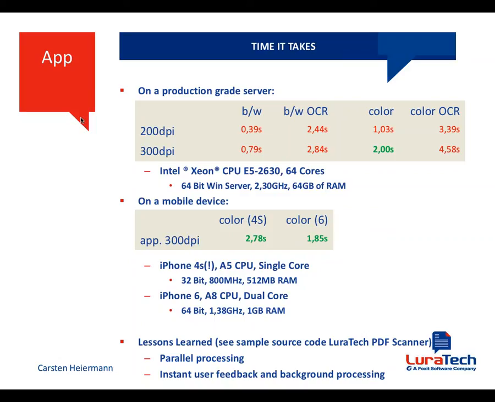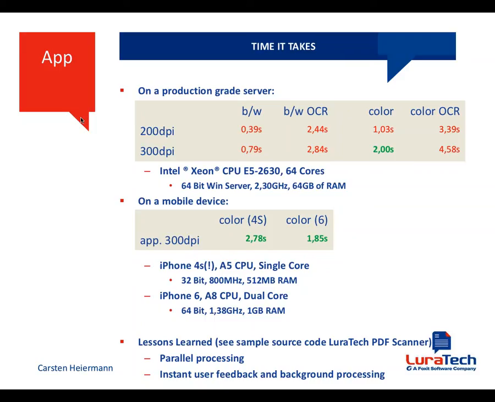And that is the really measured time it takes to run the compression on a 300 dpi file on a server grade or production grade server. The CPU is mentioned there, Xeon processor, 64 cores, a real big machine, and we end up using 2.0 seconds for a color 300 dpi page to do, for example, the compression.